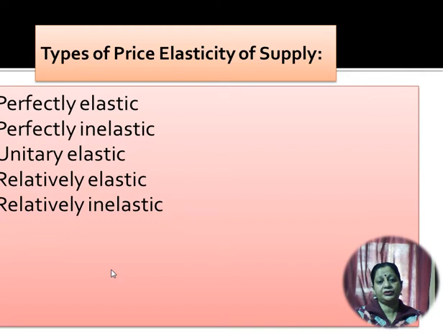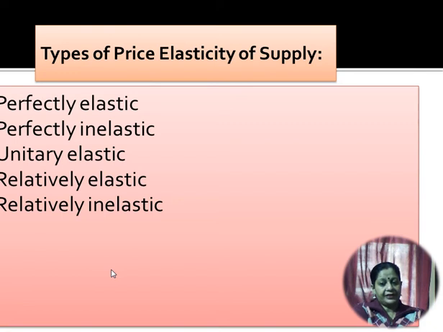Now here we have a discussion of types of price elasticity of supply. In price elasticity of demand, we studied the response of demand to a change in price, that if price decreases or increases by 5%, what change will come in demand.